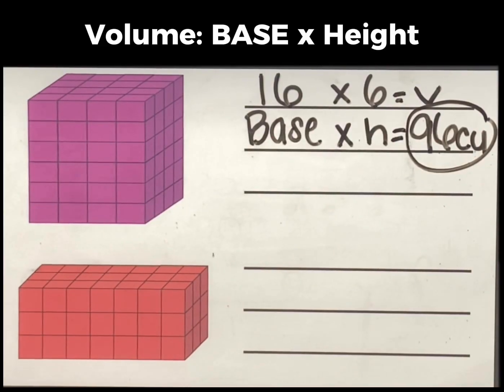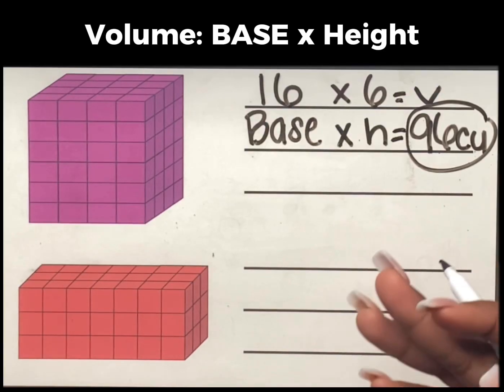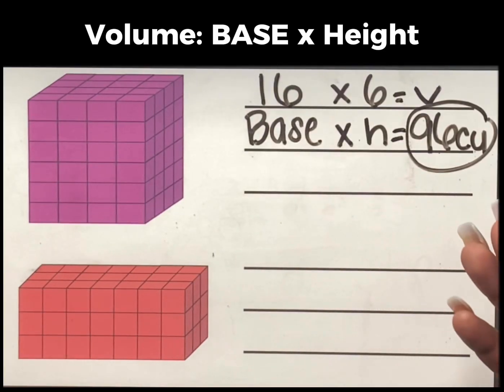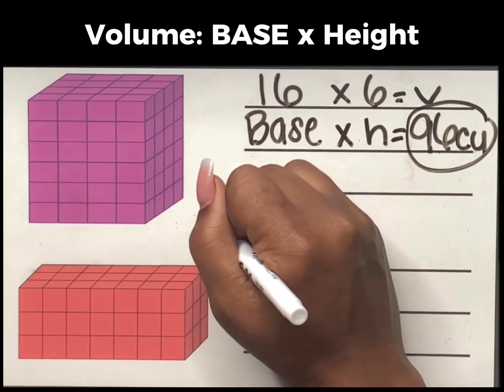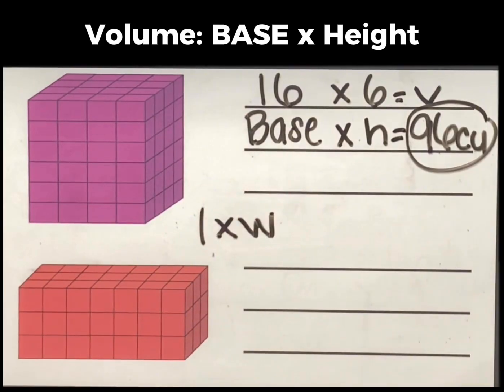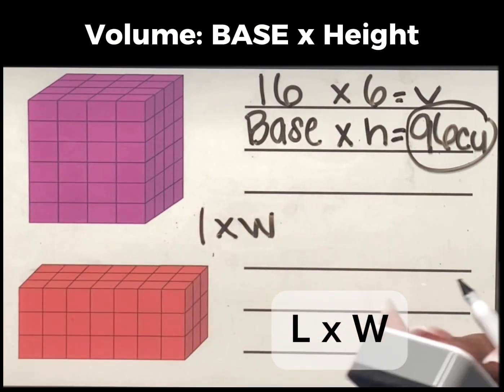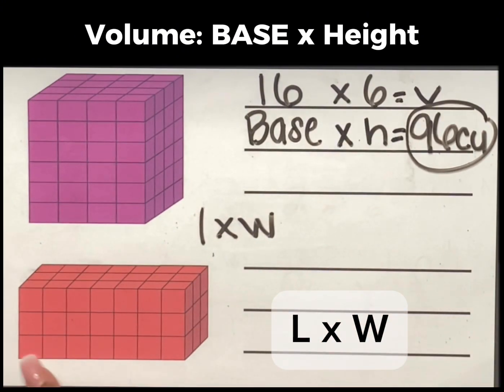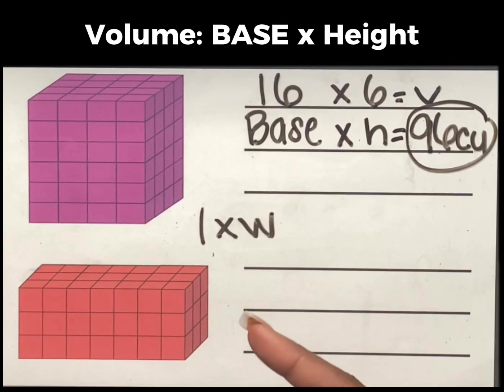Very good. Let's try the next one. Again, we're going to first identify our base. You can count the length and count the width. The length is how far it stretches back. The width is how wide it is.